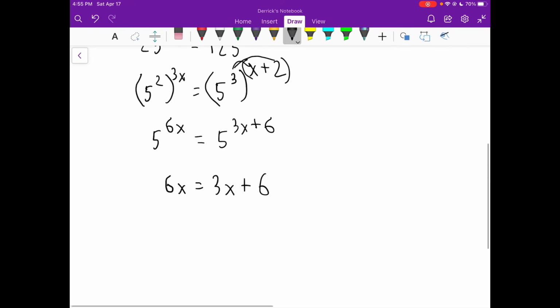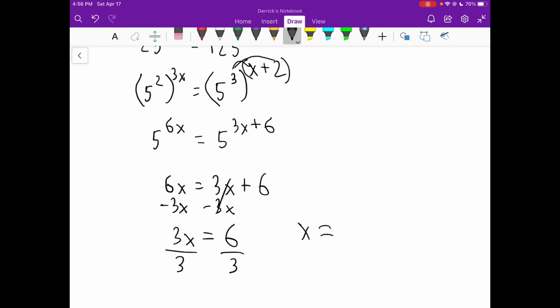I would want to get all my x's on the same side. So for example, I could subtract 3x over here. 6x minus 3x is 3x, and that is equal to just 6. And now to get x completely by itself, I would simply need to divide by 3 on both sides, giving us a final answer of x equals 2.